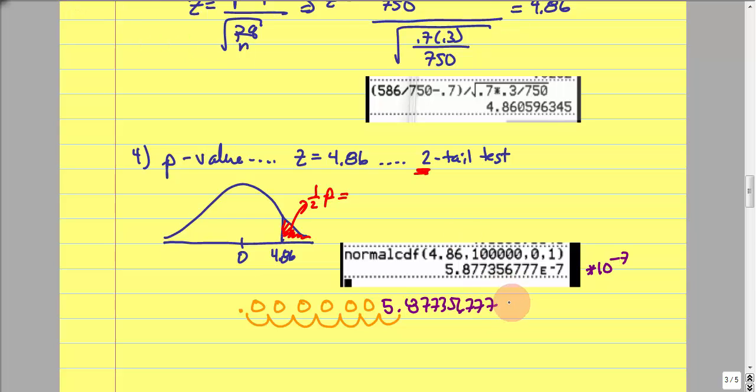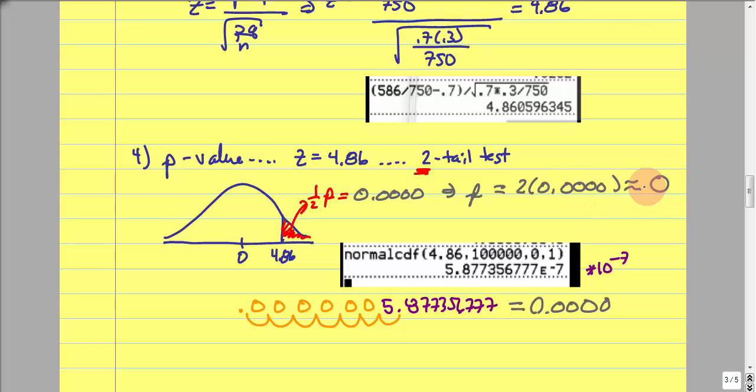If I were asked to round this to 3 places, this would be 0.000. If they asked me to round it to 4 places, it would be 0.0000, because my first significant digit doesn't show up until the 7th place. So half of p is approximately 0, and that tells me that the p-value is 2 times that, which is approximately equal to 0, just because of rounding.